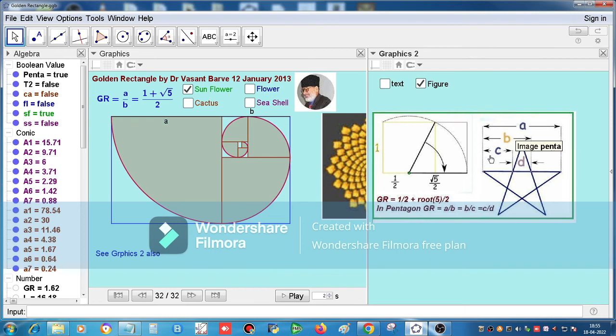B and C are also in golden ratio. And C and D are also in golden ratio. So you have A/B = B/C = C/D. All these are in golden ratio. It will be very interesting for you to construct this pentagon and measure these things, and you will find that they are all in golden ratio.